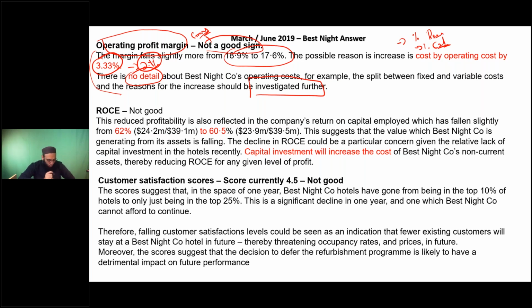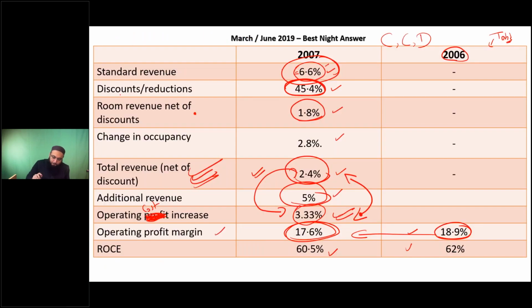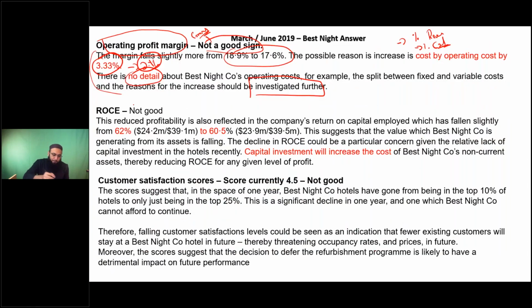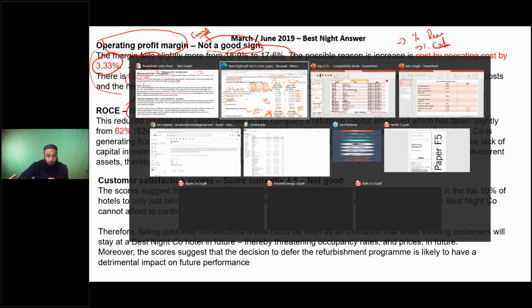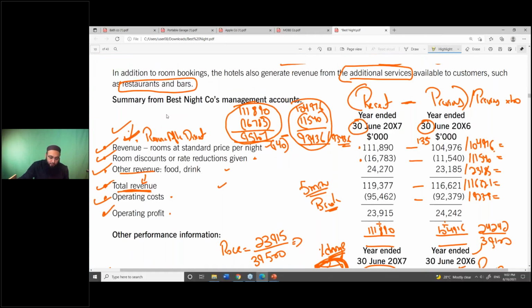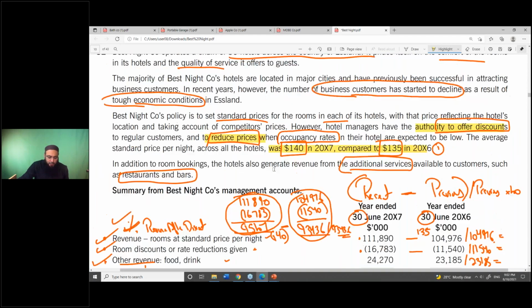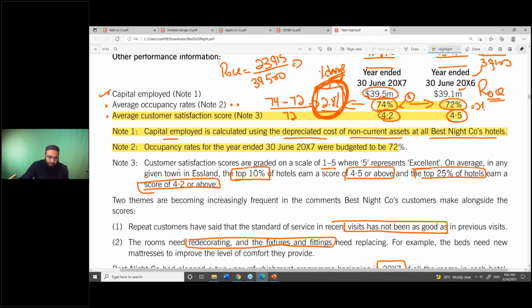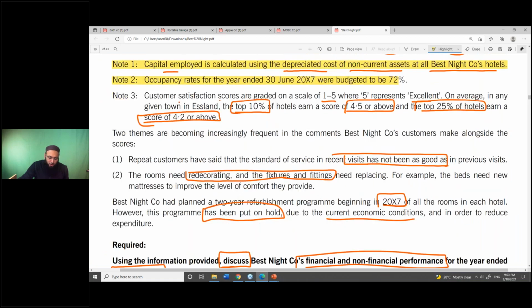Okay. ROCE has gone down slightly from 62 to 60.5. What is the comment? Good or bad? Bad. Not good. Why did this happen? You have reasons. The first reason is that at the start of 20x7, you started a 2-year refurbishment program.